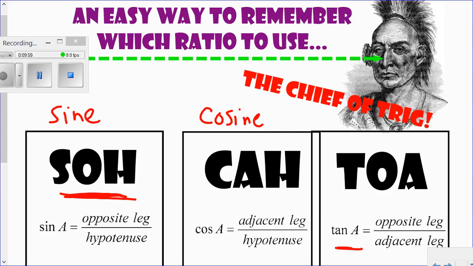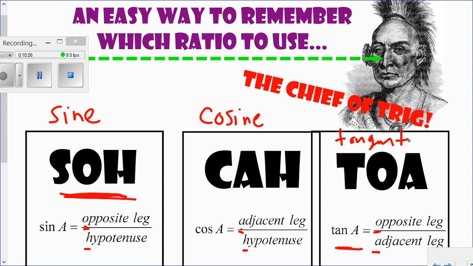The numerator is adjacent, and the denominator is hypotenuse, A and H. And back over here, sine O and H. So then TOA is the one we just looked at, tangent, and that's opposite and adjacent, and T stands for tangent. Okay, so just think of SO, CA, TOA when you're trying to remember what the trig ratios are.